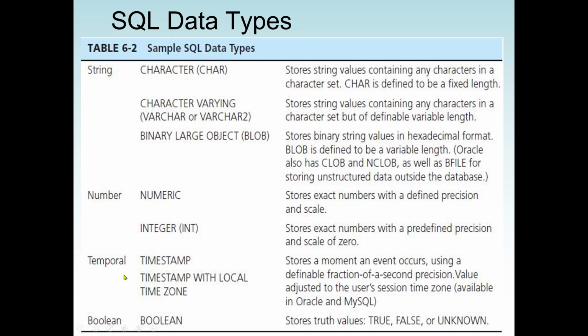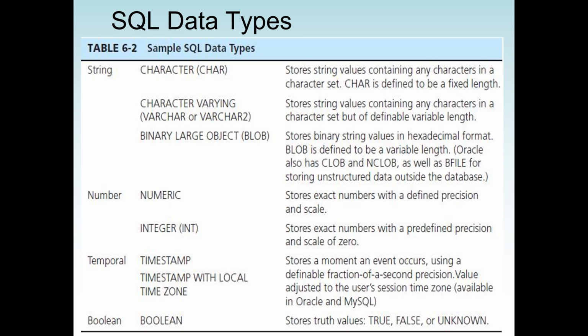We also have a temporal type. An example here is the TIMESTAMP, or TIMESTAMP WITH LOCAL TIME ZONE. The keyword temporal, even in data mining and data science, means something relating to time. So if I have a temporal visualization, it means it's a time series chart, a chart that goes with time.